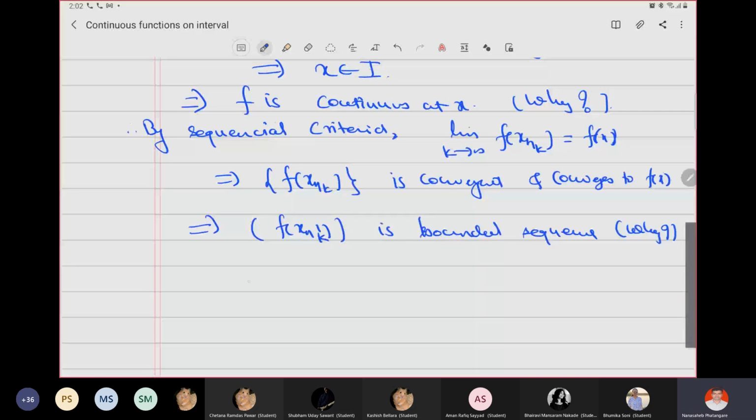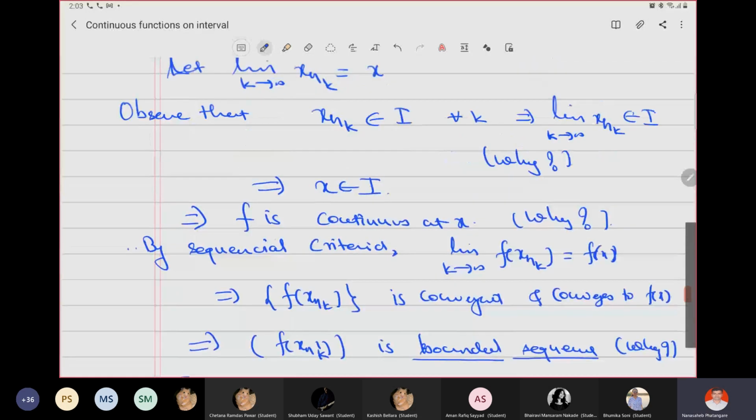But we came to the conclusion that f of xn k is bounded, and by our construction, what is our construction of the sequence? f of xn is greater than n for all n, and f of xn k are some of them. So what can you say about f of xn k?